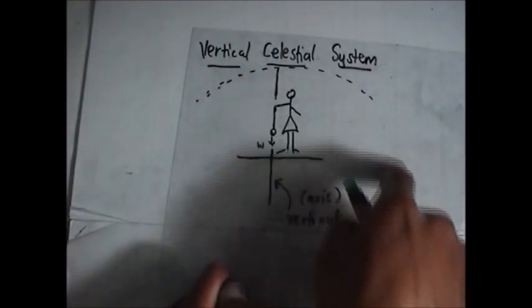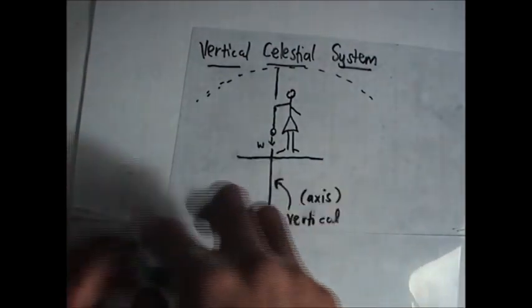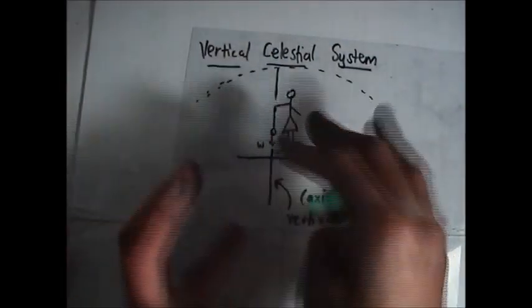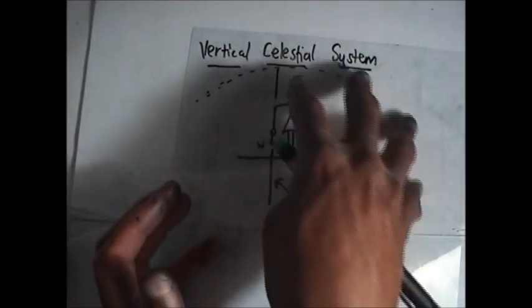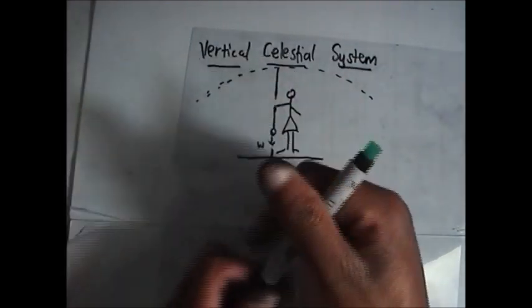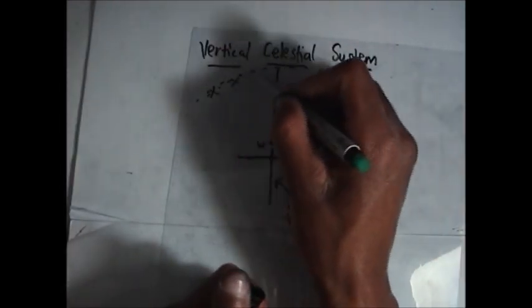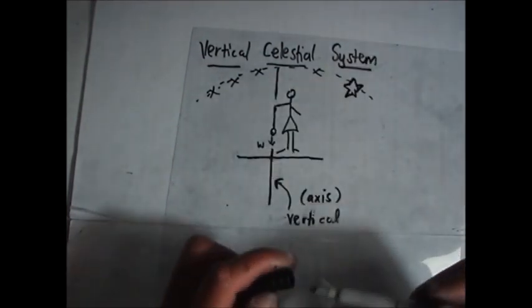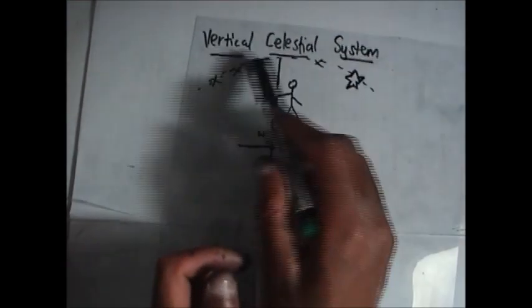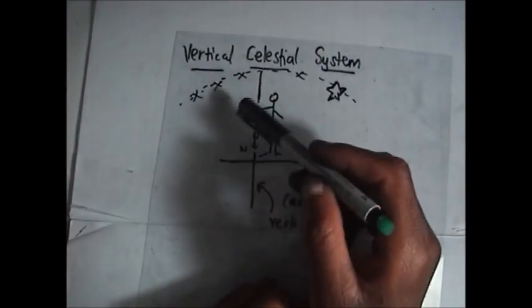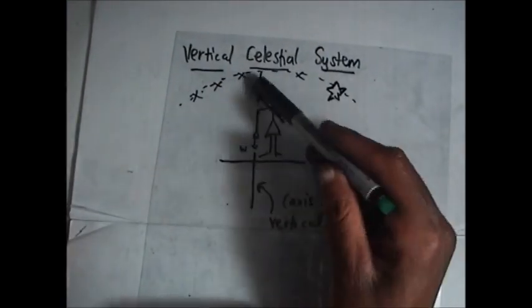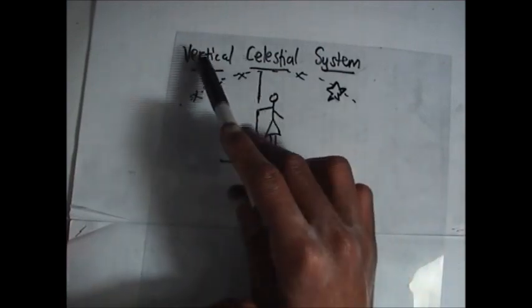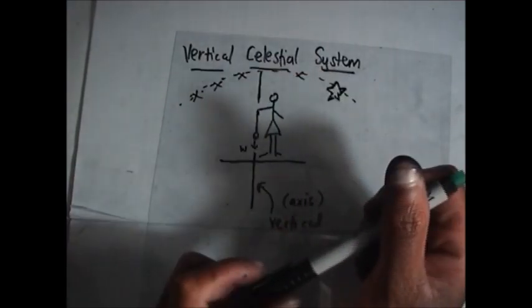We are now dealing with the celestial sphere that is all around Earth, that encompasses all astronomical objects. It's going to be this imaginary sphere that is around it, with all the stars that seem to be plastered on it. You see, like this nice star there, that is plastered on the sphere. So this is going to act as our axis in this vertical celestial system.